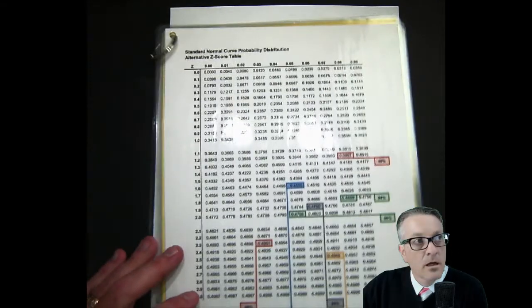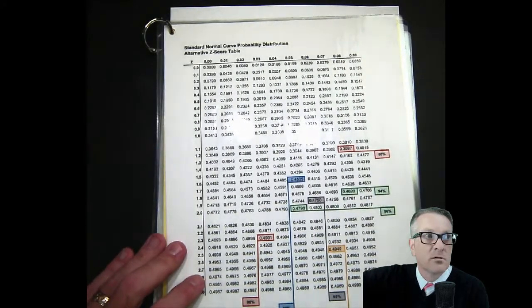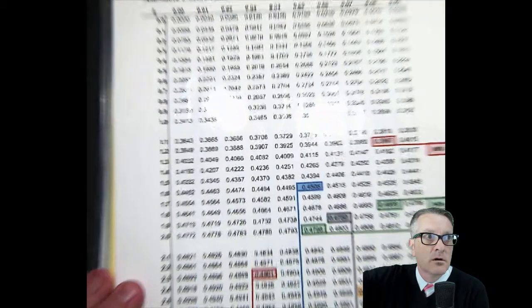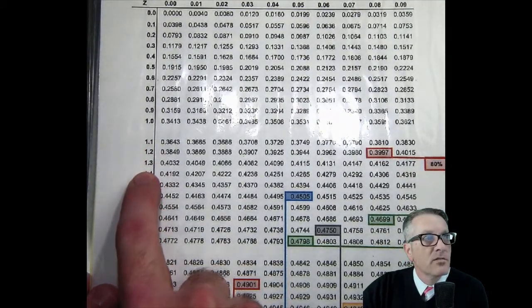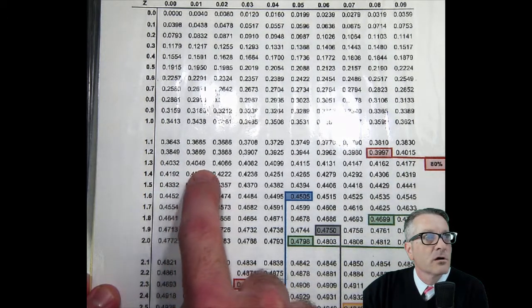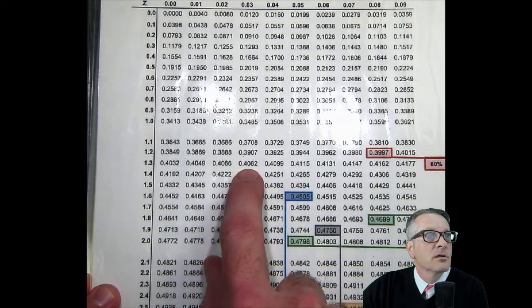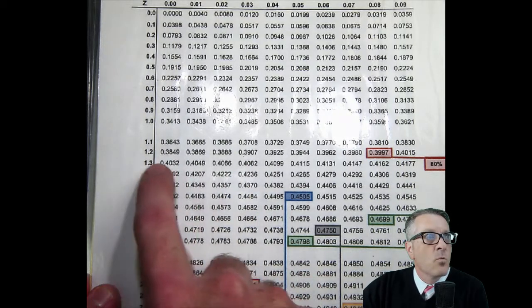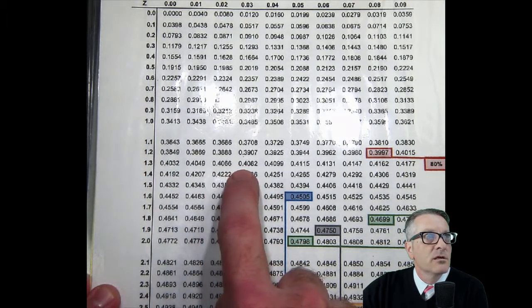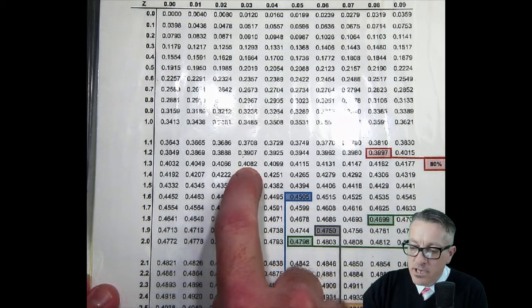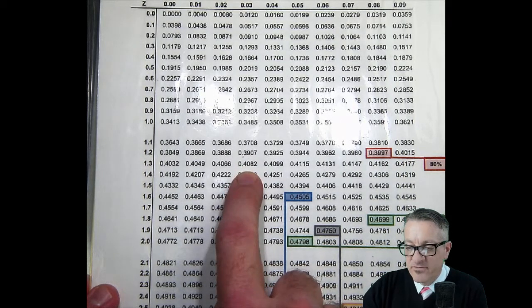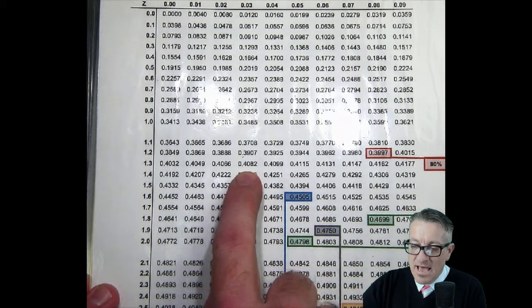1.33. So what we do, let me zoom in a little bit. We find 1.3 down the side, and we go over, I'm going slow because I'm looking at, okay, so it's 1.33. This is the area under the curve for half of it. Now this is an alternative z-score table, so it only has half of it. It's not cumulative, it's just one side.